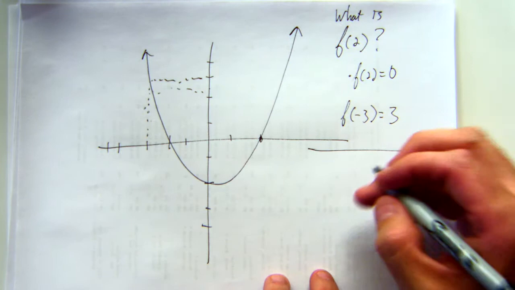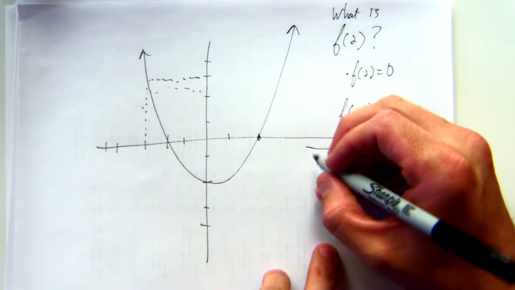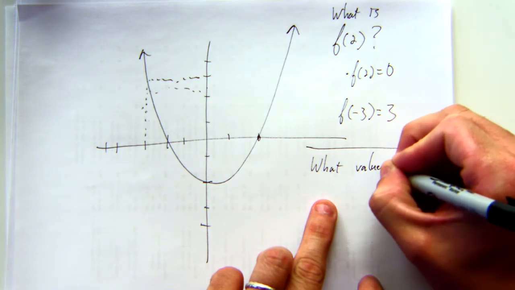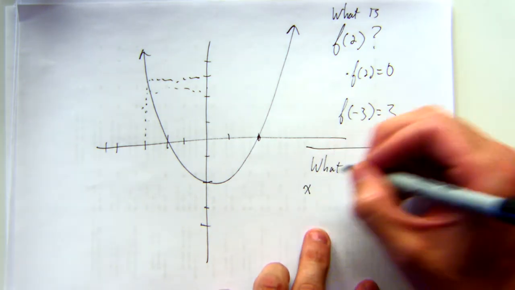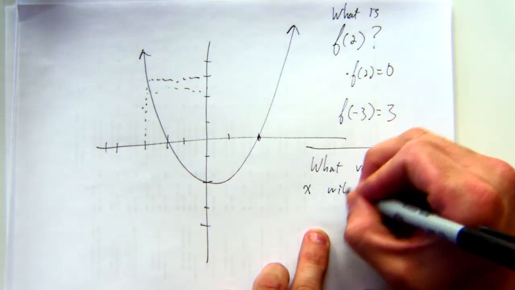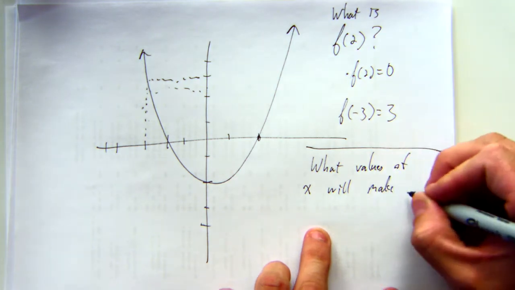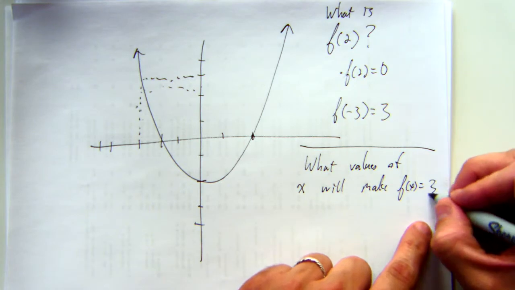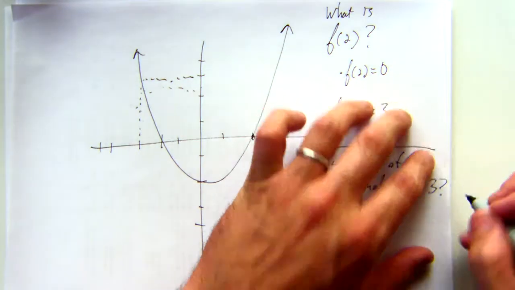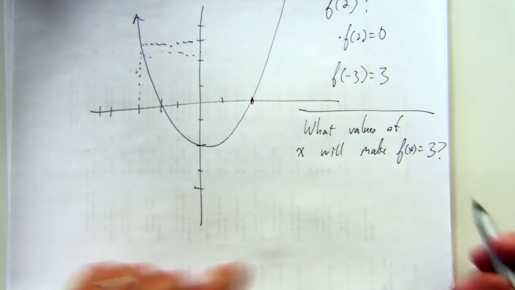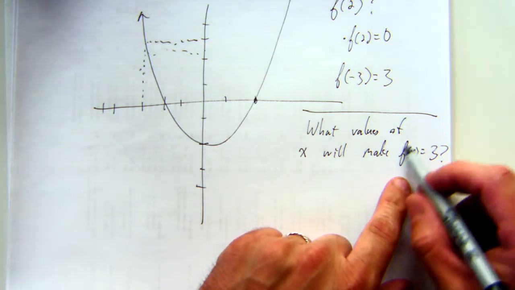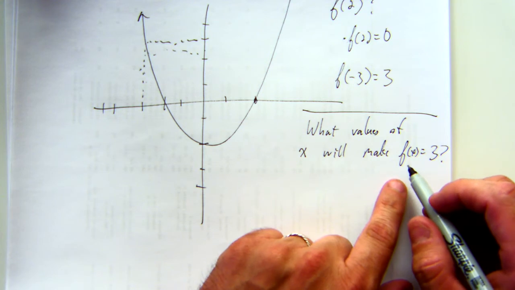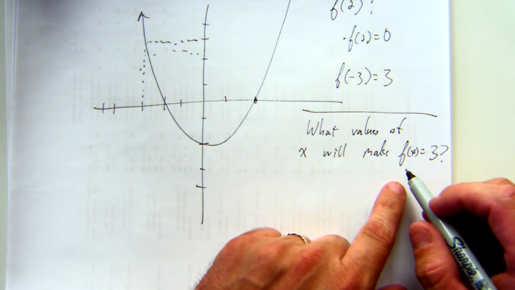We also need to find what values of x will make f of x equal to 3. So this is another kind of question. Now here, f of x is what? I said f of x is always assigned to be y.